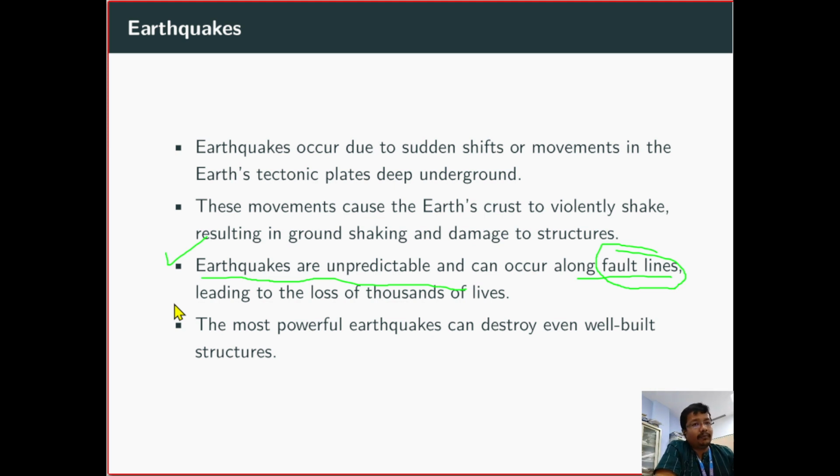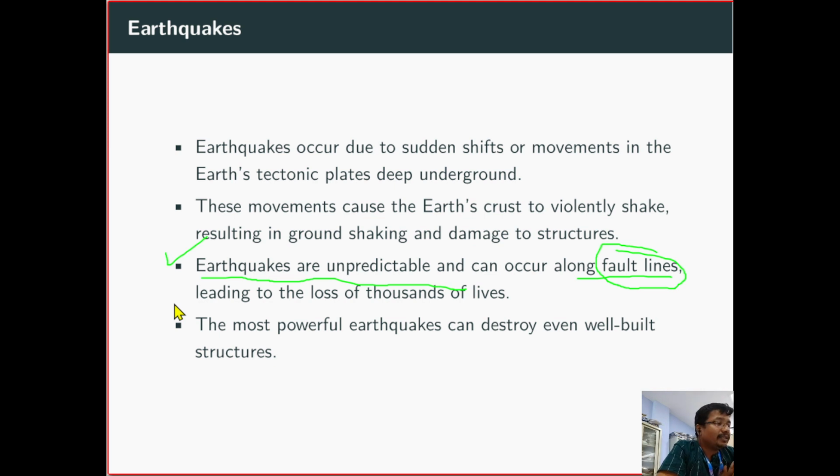Those who are from Odisha, you can Google it. So it is near those areas, near the fault lines, where the tectonic plates cross each other or rub against each other, and due to this an earthquake situation will occur.